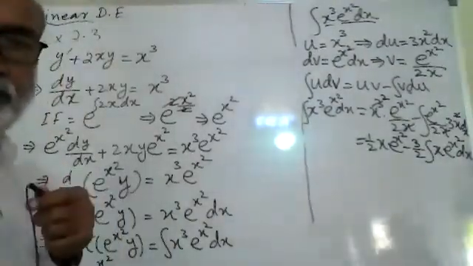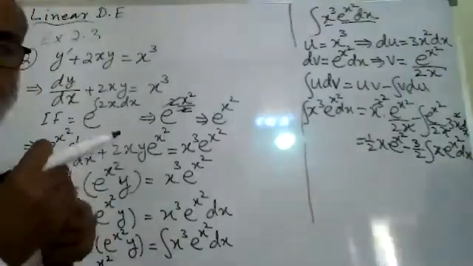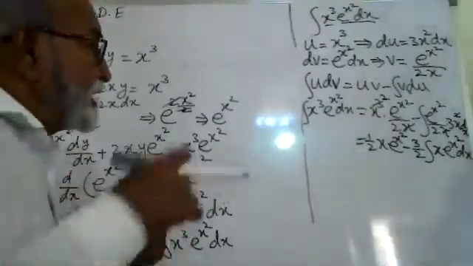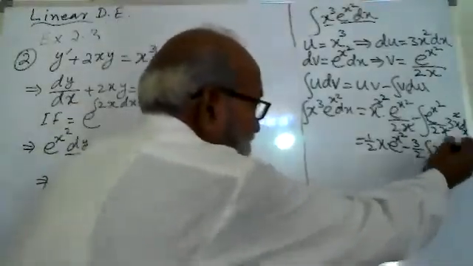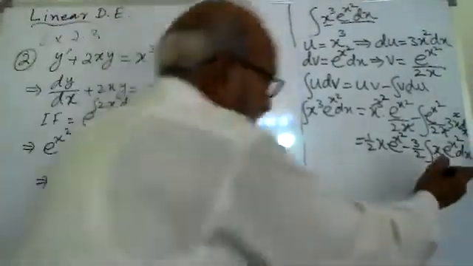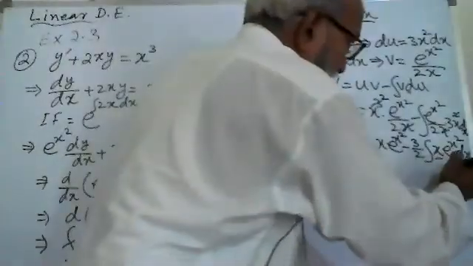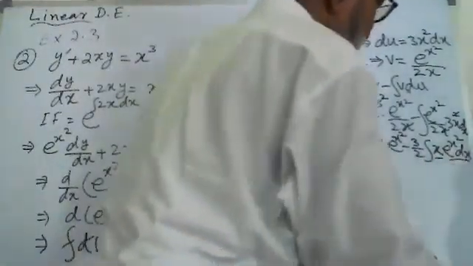So now again we will find the derivative of this one. Again this is considered as u and this will be considered as dv.